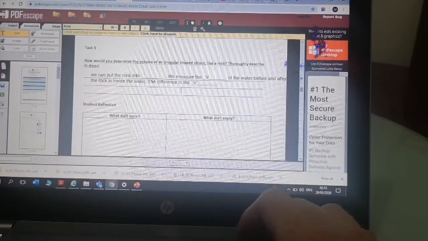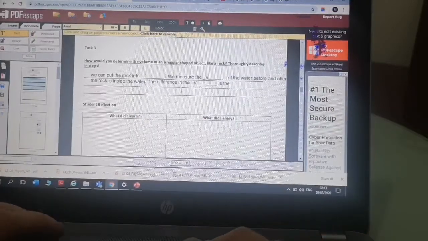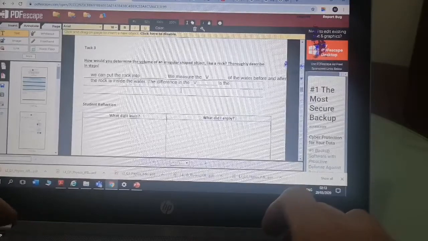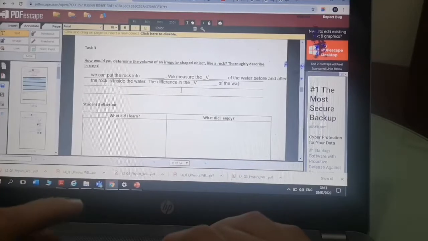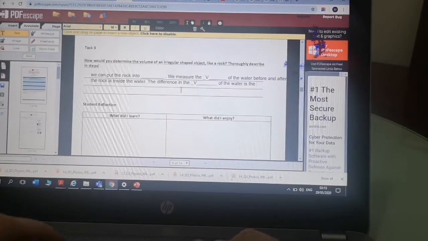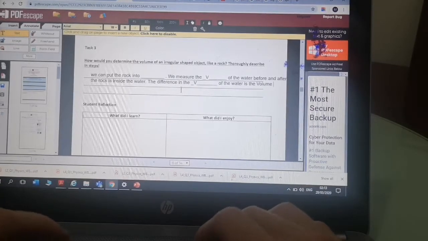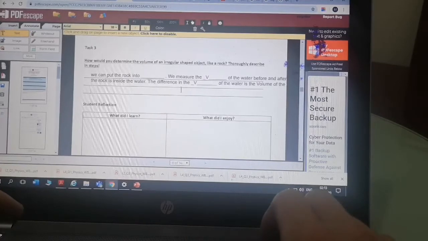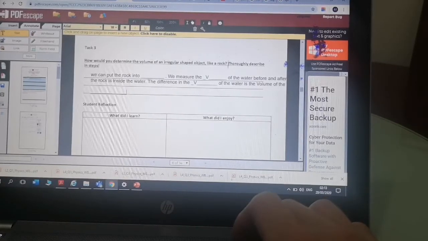You spell it, find it in the text, make sure you spell it right, is the difference in the something of the water is the volume of the, okay, but what are we finding? Of the what? Finding the volume of the, what's the object? You finish the sentence. That's it.